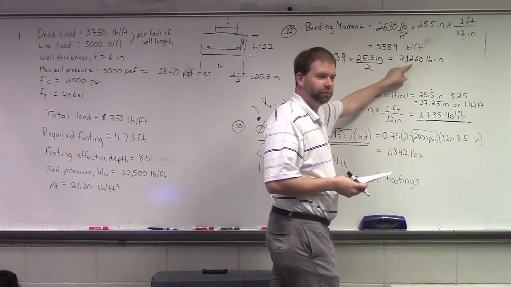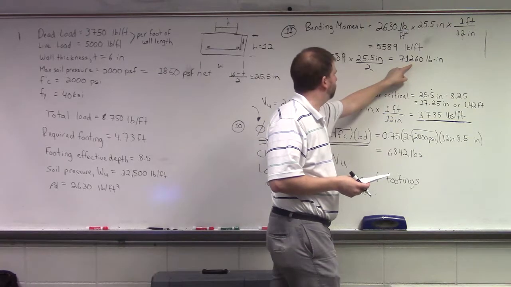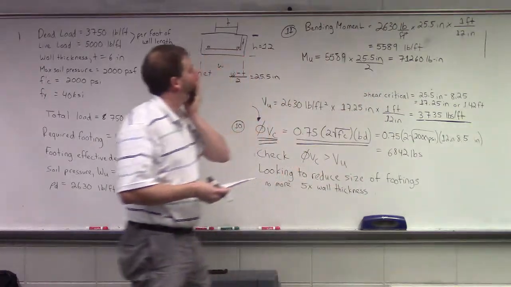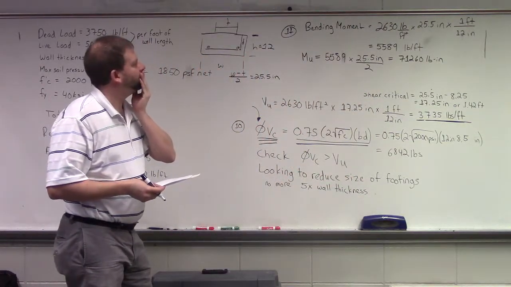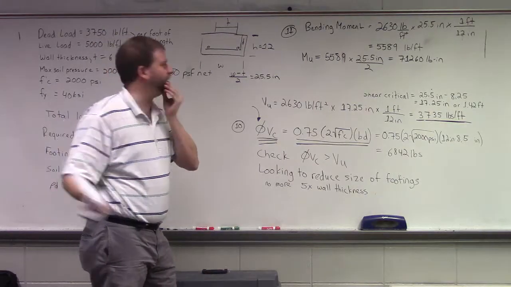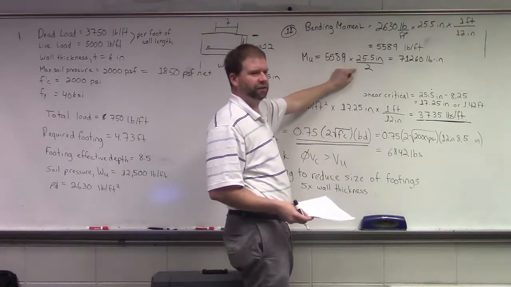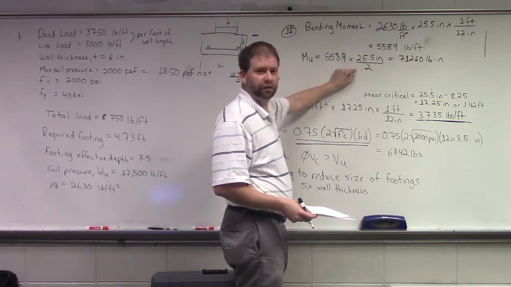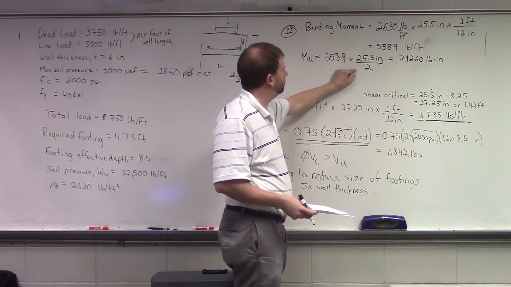I have 23,750. What? 5938. You're basically multiplying 5589 times 2.125. If you get 29, you're essentially just multiplying this by 1/2. I keep getting 5900. Yeah, 5938, pound feet.